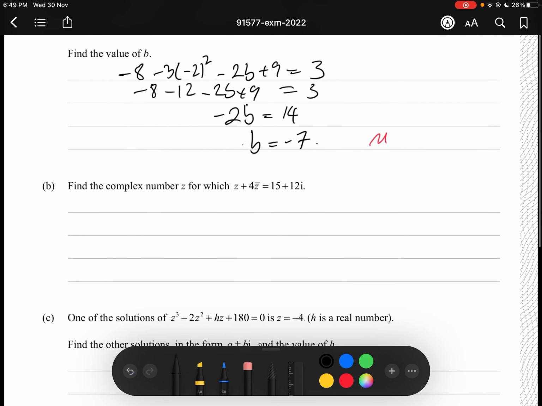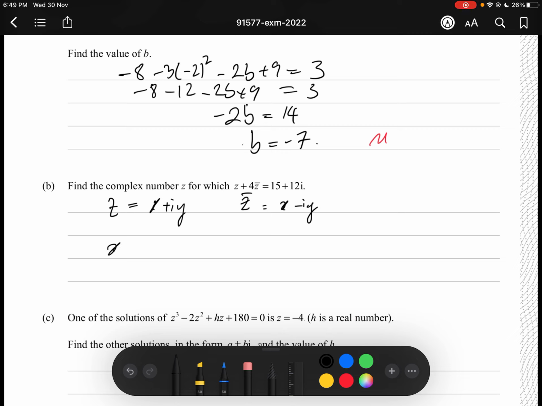Let's have a look at question B. Find the complex number z for which z plus 4 times the conjugate of z equals 15 plus 12i. So in this case, we can say that z is equal to x plus iy, and the conjugate of z is therefore x minus iy.